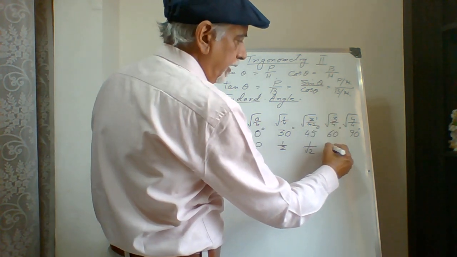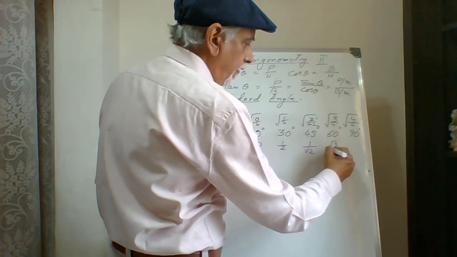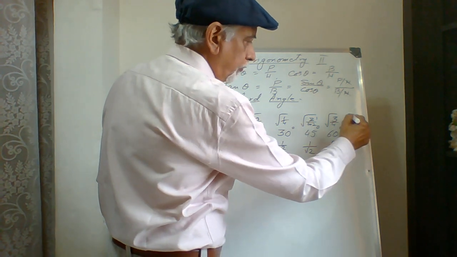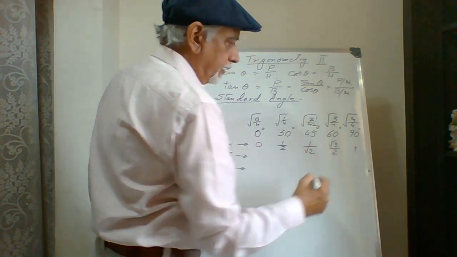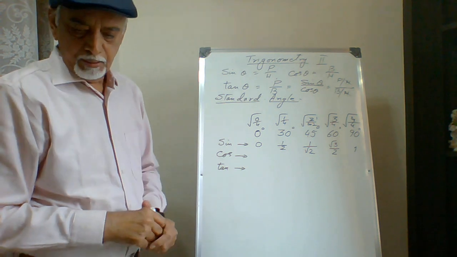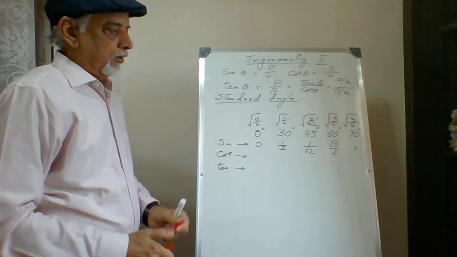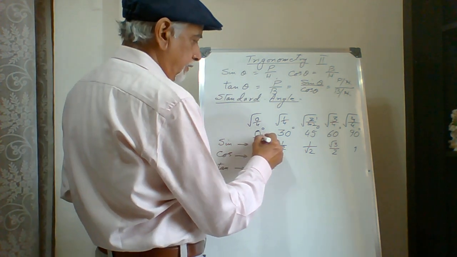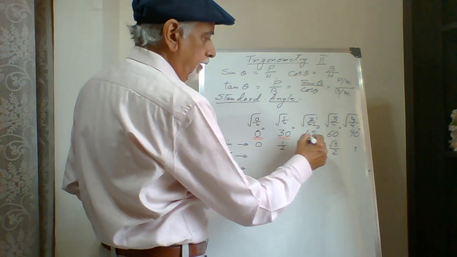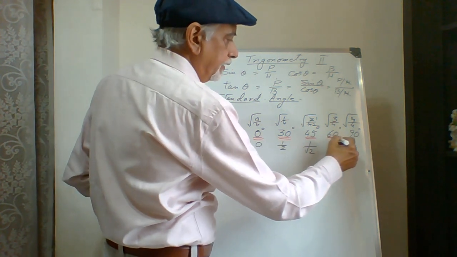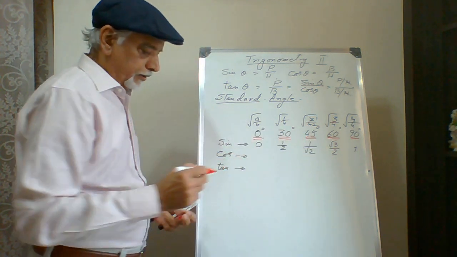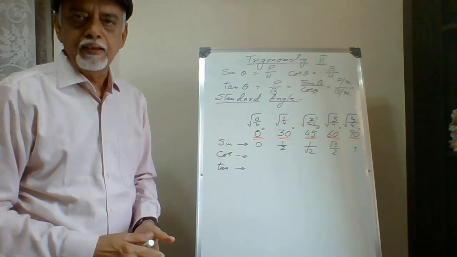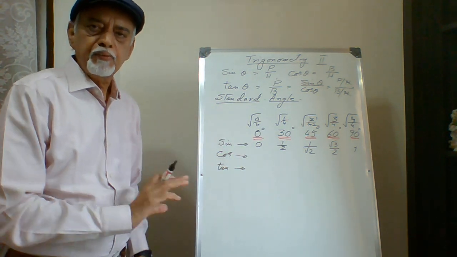This one will become as root 3 by 2 and this is 4 by 4 which becomes 1 and the square root is also 1. So the values of these angles 0 degree, 30 degree, 45 degree, 60 degrees and 90 degrees for the line of sine theta has been calculated.